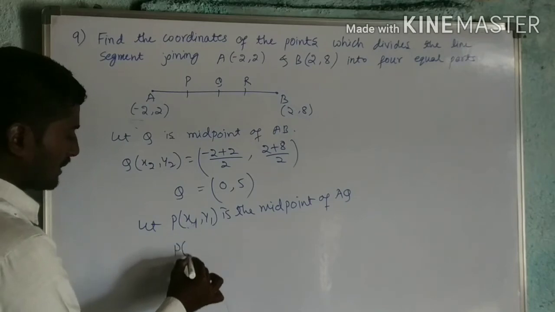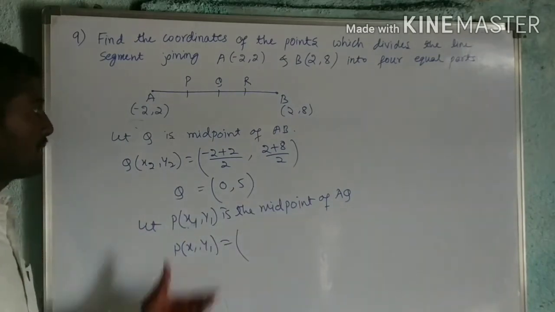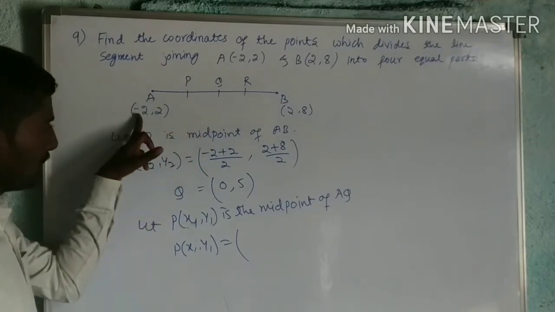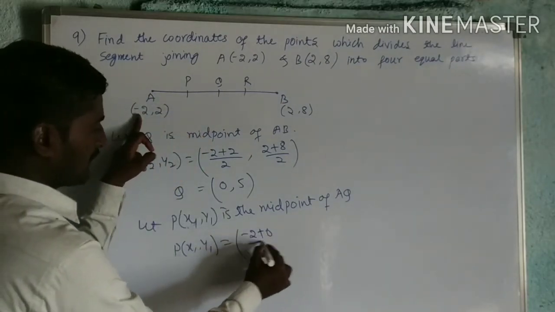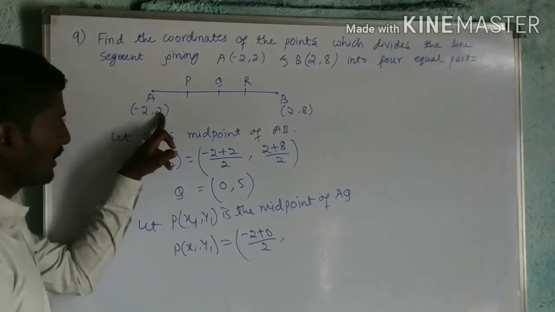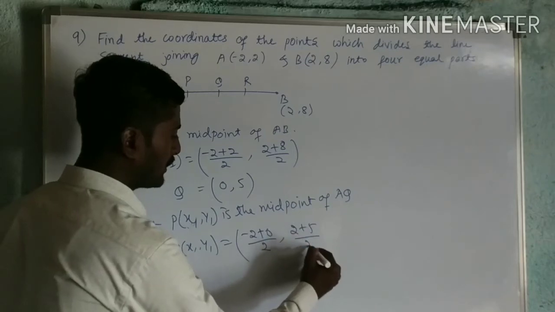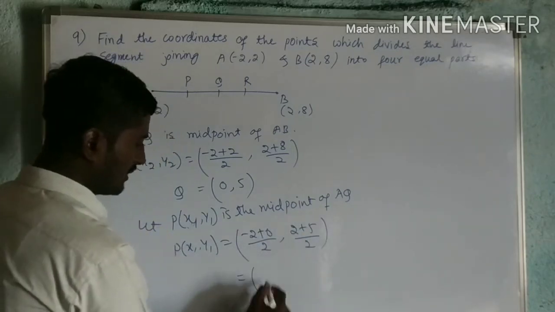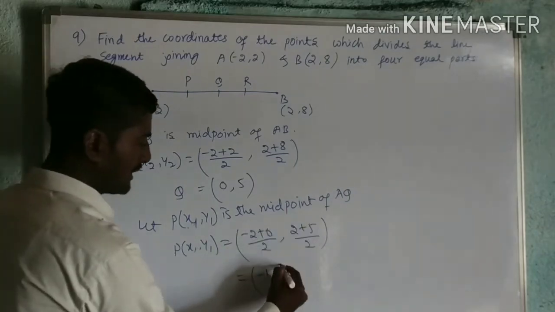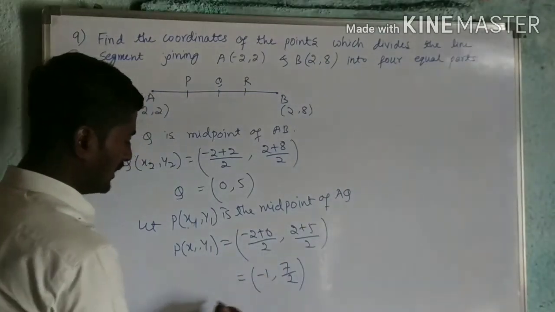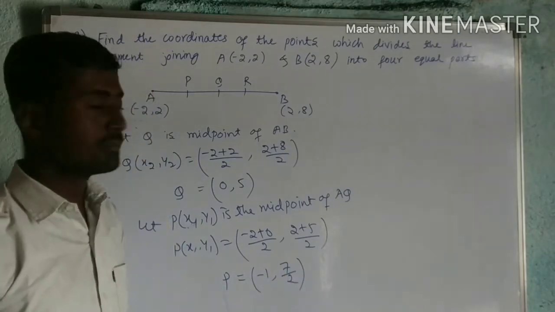Now P of x1, y1 is equal to, again apply the midpoint formula for A and Q. Minus 2 plus 0 divided by 2, comma, 2 plus 5 divided by 2. So minus 2 by 2 is minus 1, and 2 plus 5 is 7 divided by 2. So here the point P is minus 1 comma 7 by 2.